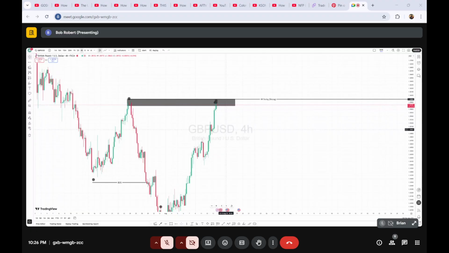They have to wait for that confirmation. However, the problem is they might miss some entries while waiting for market to give us a change of character. Remember, the market will go down a bit because you've waited for that change of character. So you're going to miss some pips of profit.